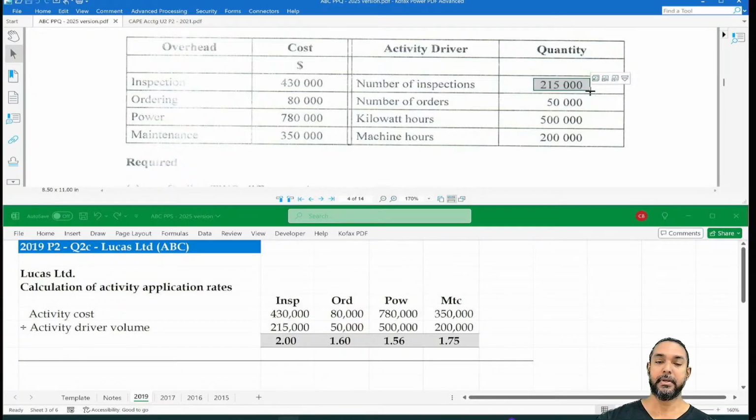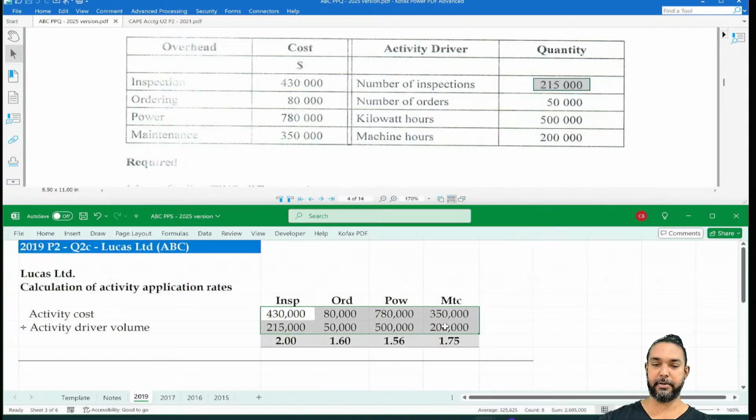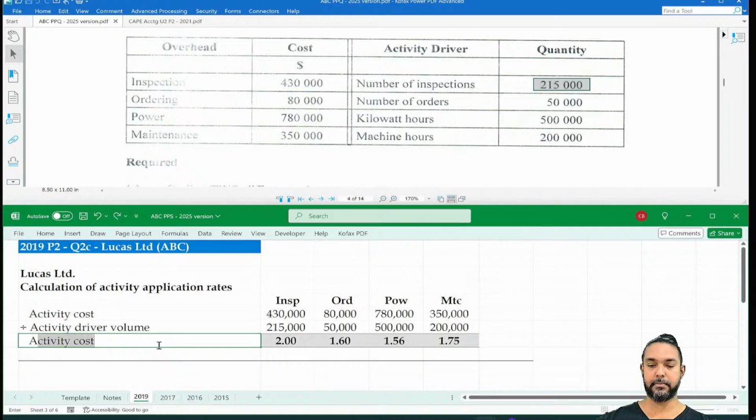So you took 430 divided by 215 and you have $2 per inspection. For ordering, it costs $1.60 per order. Power is $1.56 per kilowatt hour, and $1.75 per maintenance hour. That is how we calculate what I call the activity application rates.